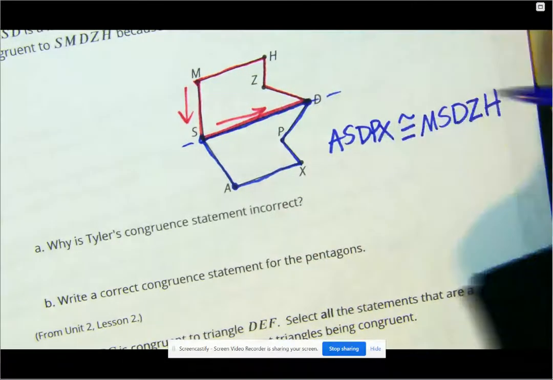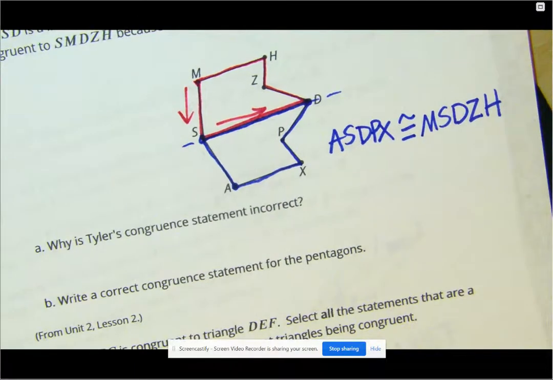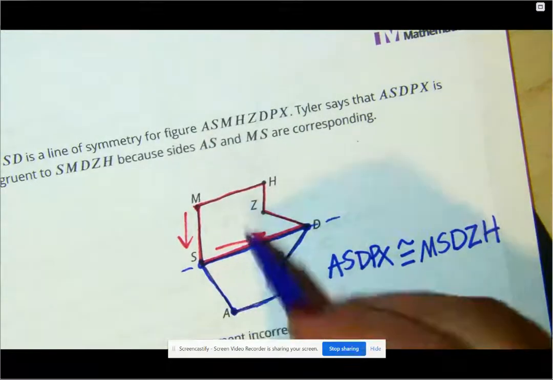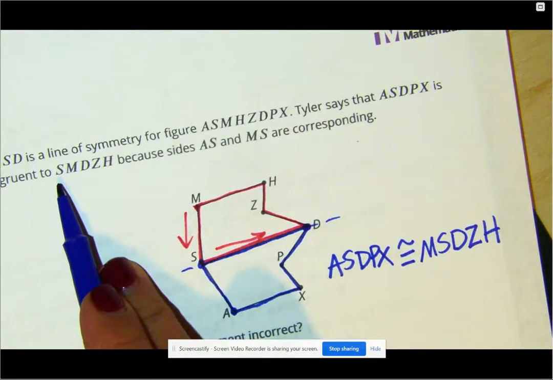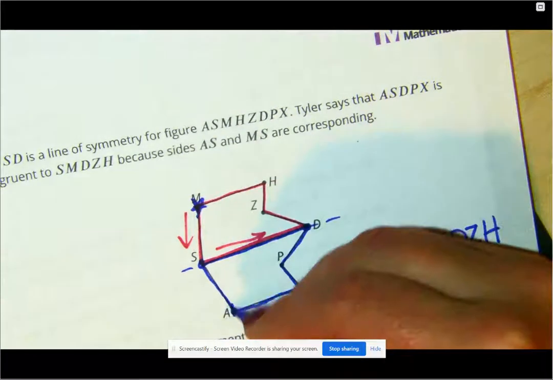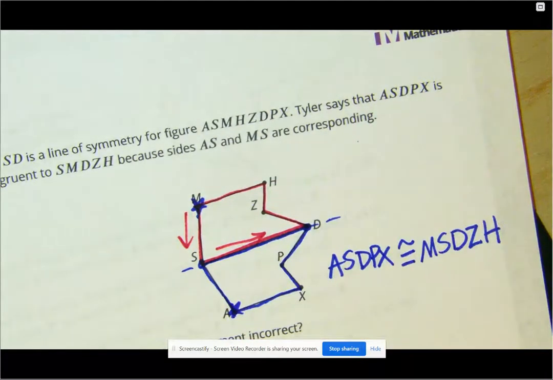But when you're talking about the whole shape, you have to give the corresponding points in the right order. So his mistake is that he said S first when he should have said M first, because M and A correspond to each other.